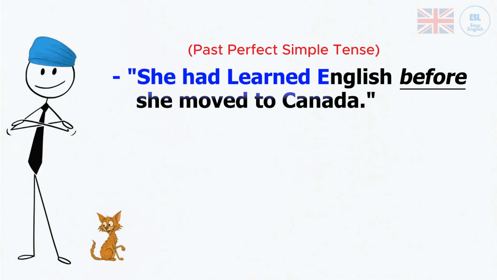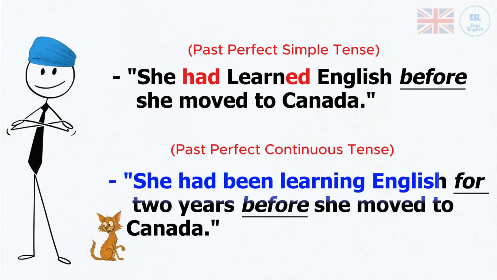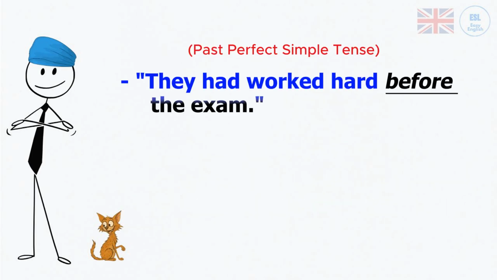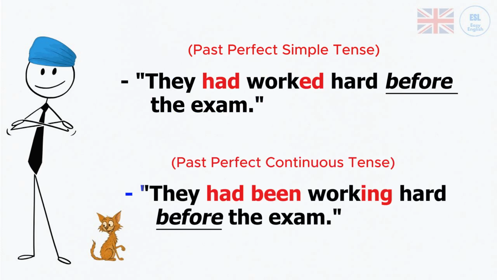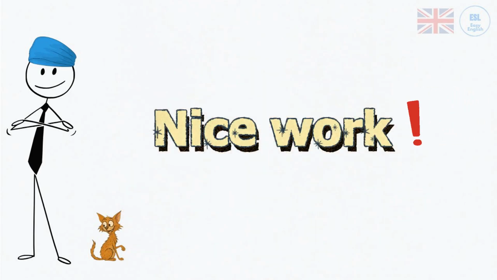She had learned English before she moved to Canada. She had been learning English for 2 years before she moved to Canada. They had worked hard before the exam. They had been working hard before the exam. Nice work!